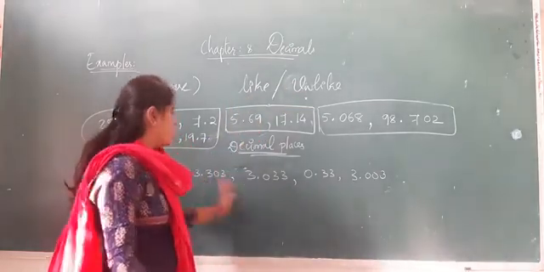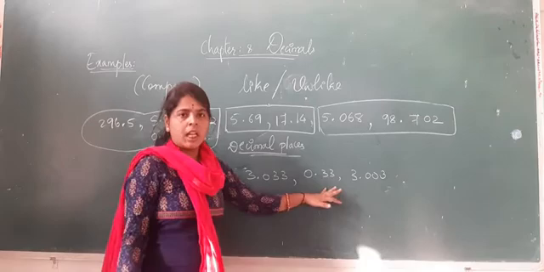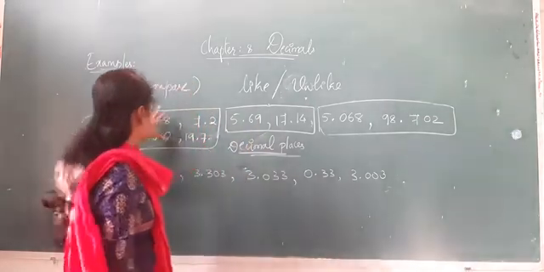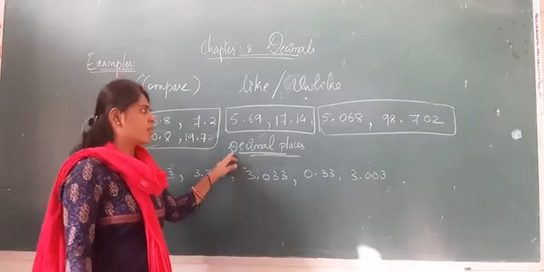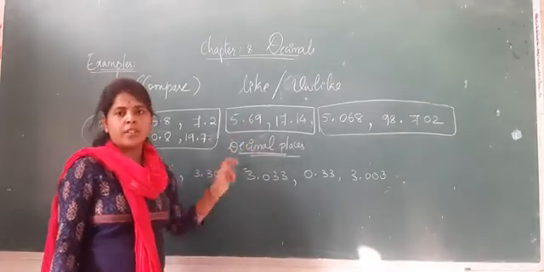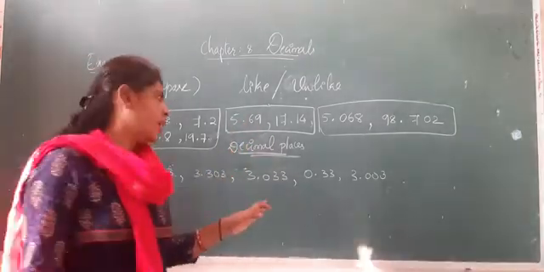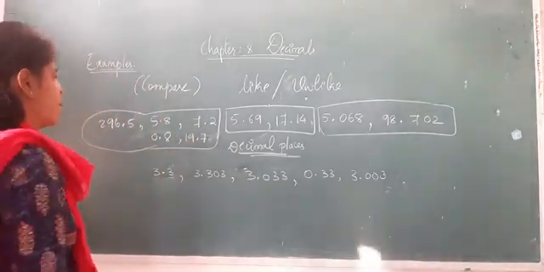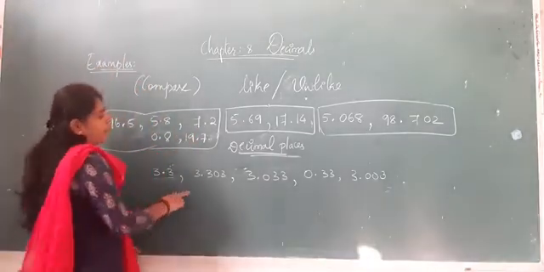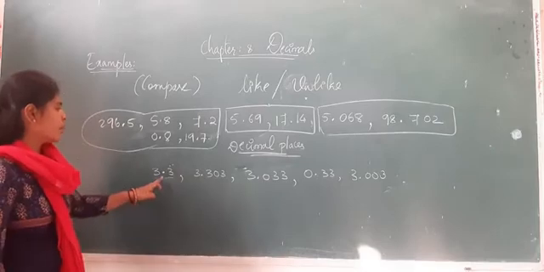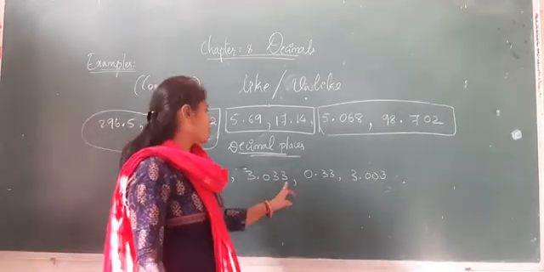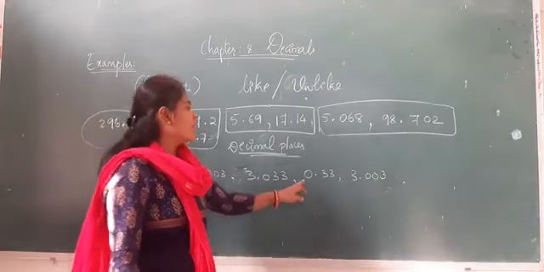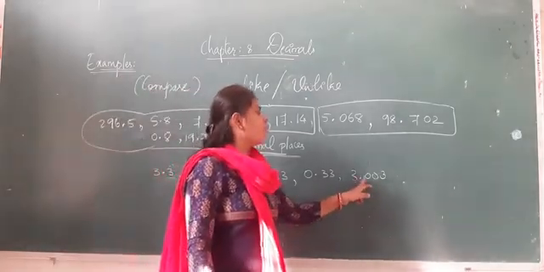Okay. These examples, if I consider them all, are unlike. If I consider only these examples, this is like. So based on the decimal places, meaning after the decimal 2 digits, 1 digit, based on that. Okay. So in this way you can see the examples. Observe here, I have taken one more example: 3.3, 3.303, 3.033, 0.33, 3.003.